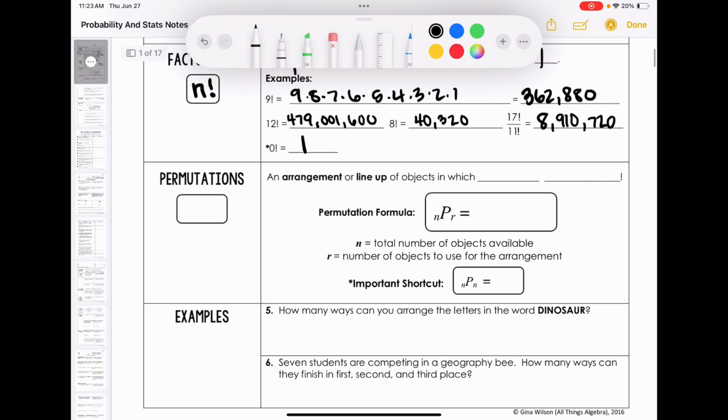All right, and next we're going to talk about permutation. So it's NPR. An arrangement or lineup of objects in which order matters. All right, then we have our formula.